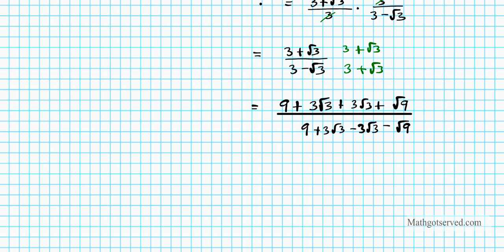Okay, let's combine like terms on the top. On the top we have 9, but root 9 equals 3, right? So we can add 9 and 3. So that gives us 12. Or let me just show you the steps so you don't get confused. So we have 9 plus, and then combine these two. It gives us 6 root 3. And then root 9 is 3.